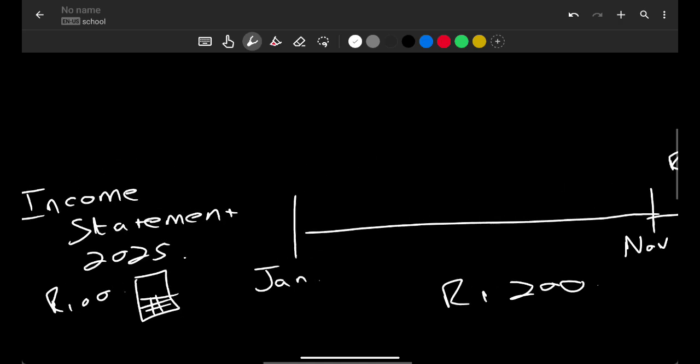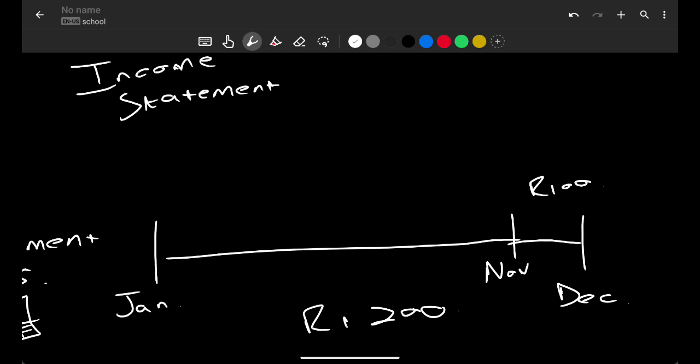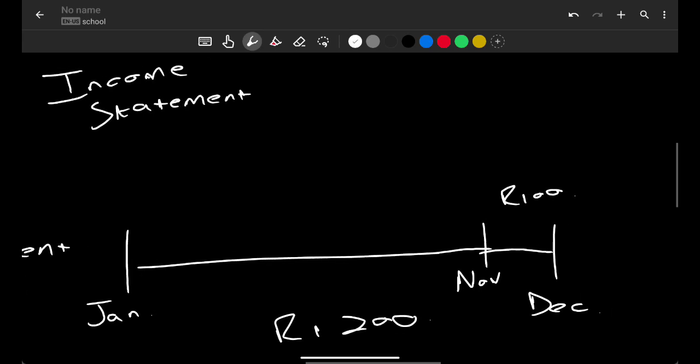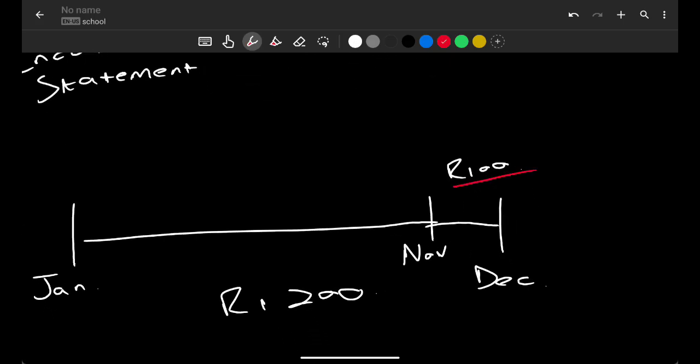In your income statement, we are supposed to account for the full 12 months, because the rule is that we show every expense, every income as the full period, whether we paid it or received it or not, right? So your income statement is going to reflect 1,200, but then remember that you were not able to pay this 100 Rand.